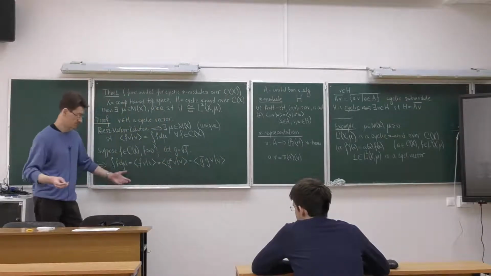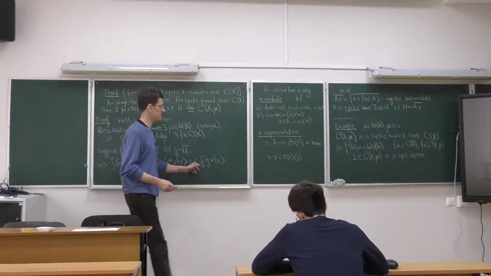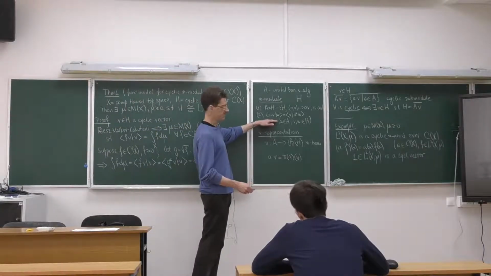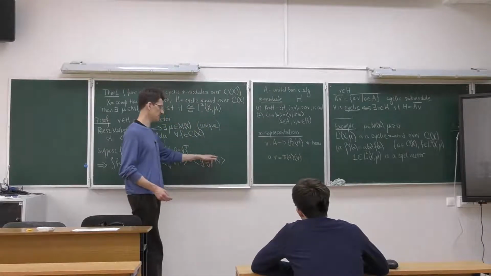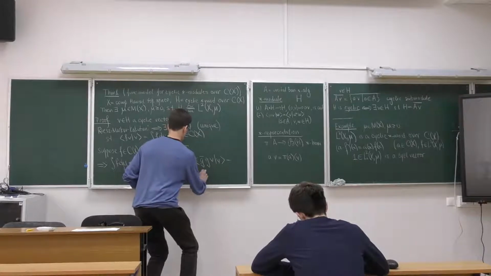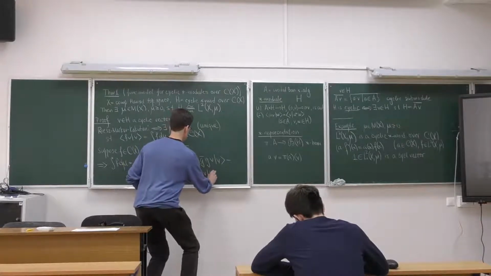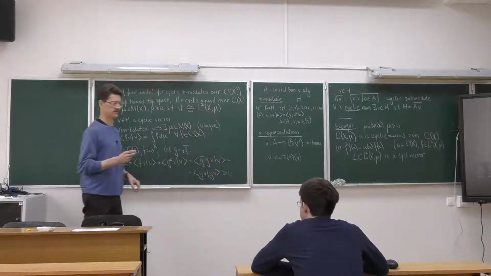G bar is just g, because it is real. And now, since H is a star module, we use this axiom, we take G bar from here to here, so it becomes just G. And we see that this is the inner product of GV with itself, which is clearly non-negative.